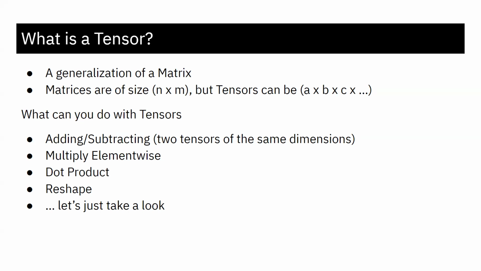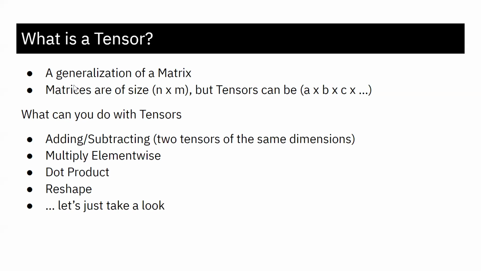Say I have an image that's 128 by 128 pixels, but with a matrix I can only represent a grayscale image. If I want to represent an RGB image, then each of those cells essentially needs to have 3 values. I could also just make that 3 separate matrices for red, green, and blue. That's a quick example of where you'd use a tensor and why we even have them in the first place.